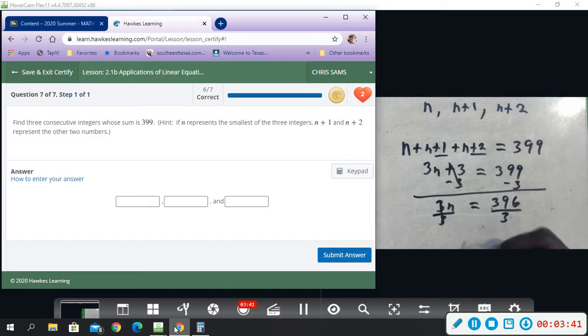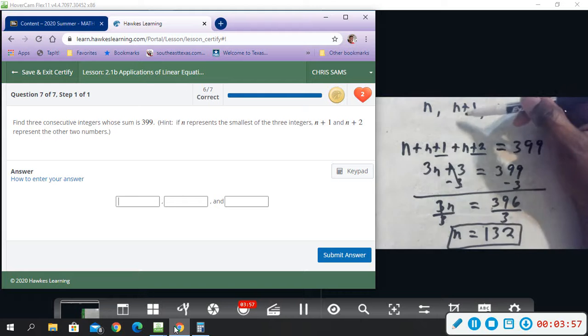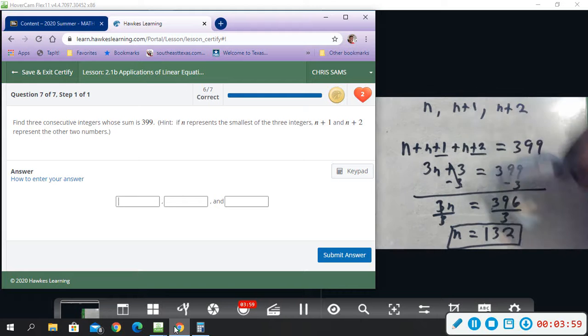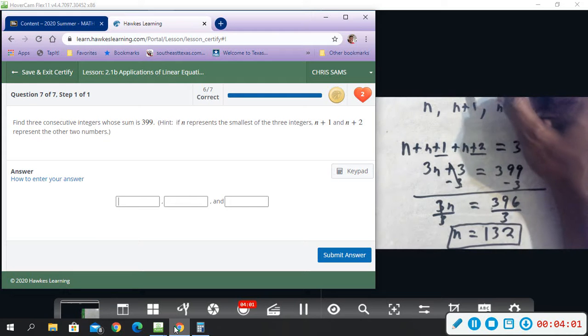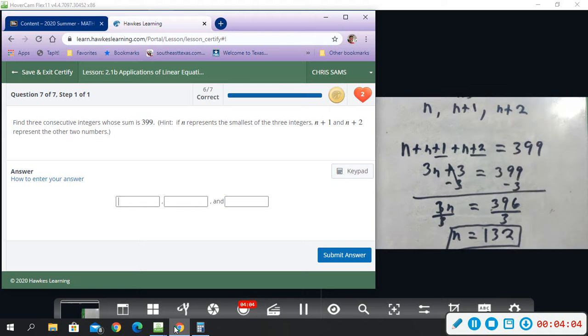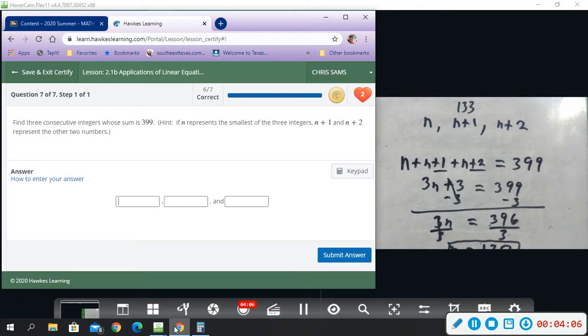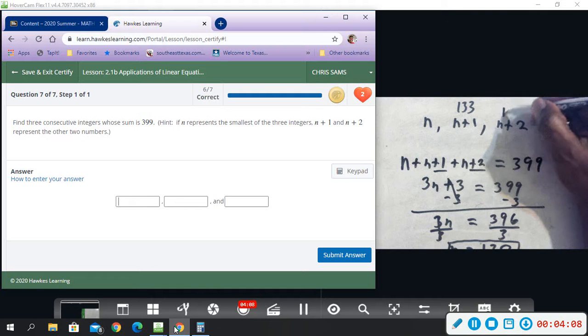When you divide 396 by 3, you get 132, so n equals 132. Then n plus 1, which is 132 plus 1, gives you 133 for the middle number, and n plus 2 gives you 134.